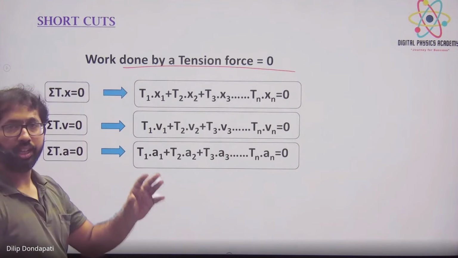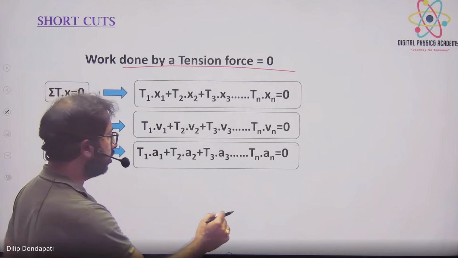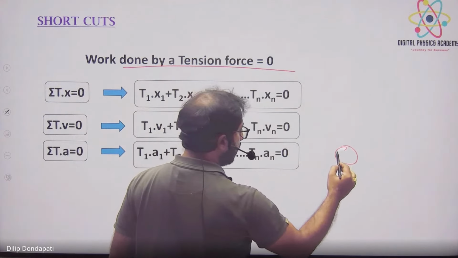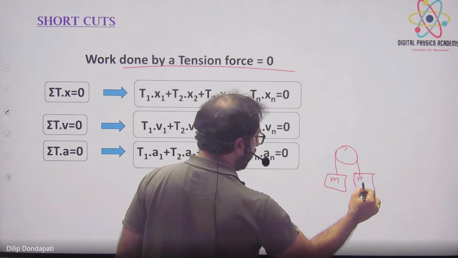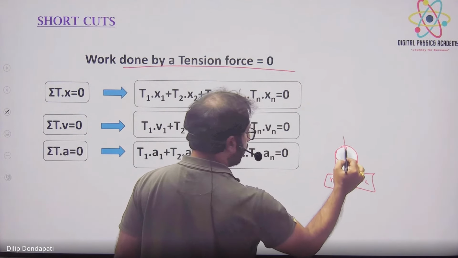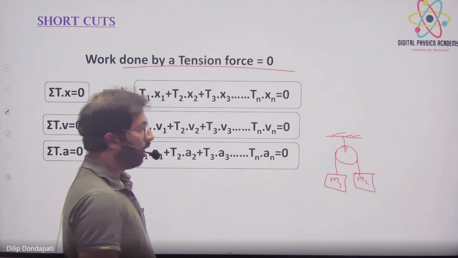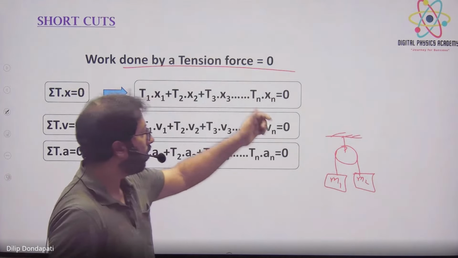Always in pulley problems, suppose there is a pulley and 2 blocks, M1 and M2, and the pulley is fixed here. Its work done is always 0.